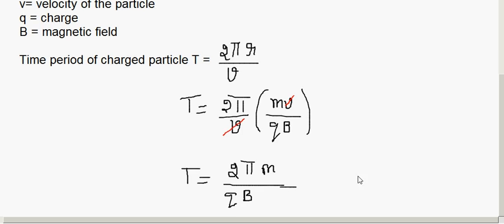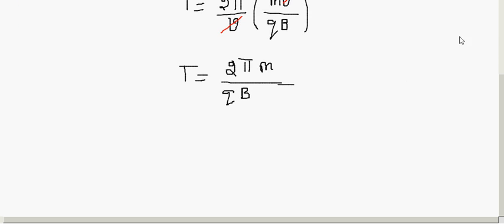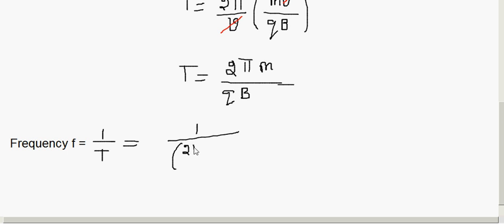Frequency f is 1 by T, because we have to show that the frequency of the cyclotron is independent of the velocity. Now frequency f is equal to 1 divided by T, which will be equal to 1 divided by 2 pi m by qB.